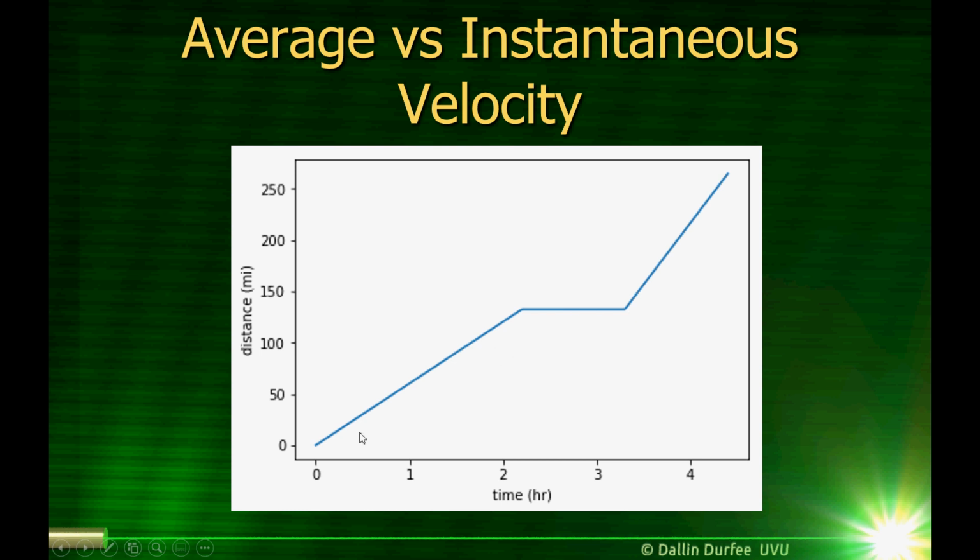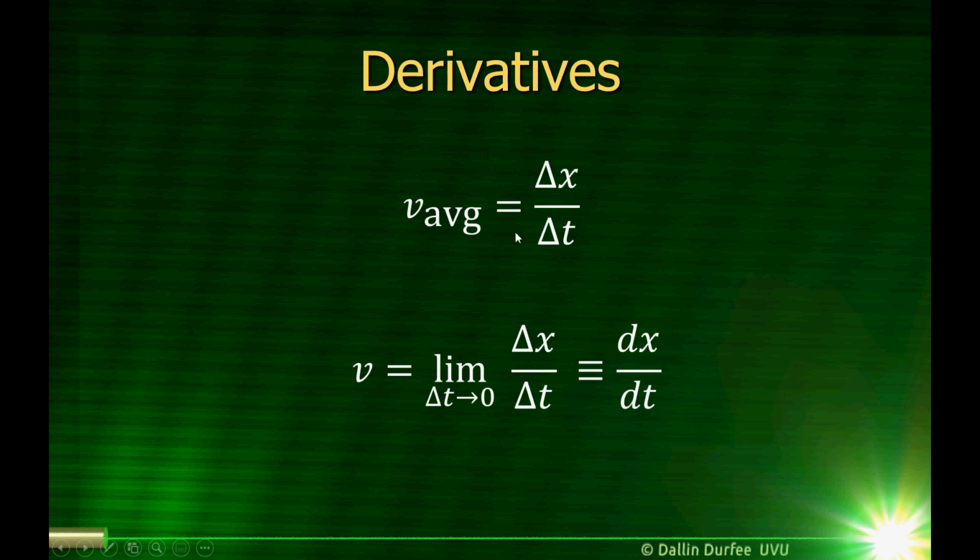All right, so the velocity of the car is related to the slope. Well, it's equal to the slope of that line, distance per unit time. So the average velocity over some time interval is just how far we went during that time interval divided by that time interval. The instantaneous velocity is the limit as that little step in time goes to zero.